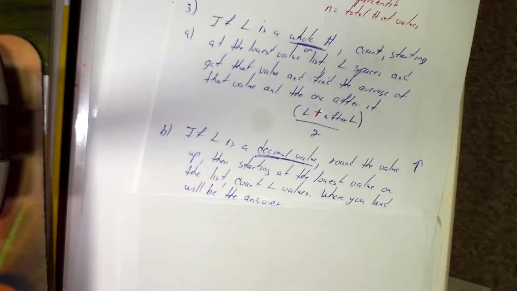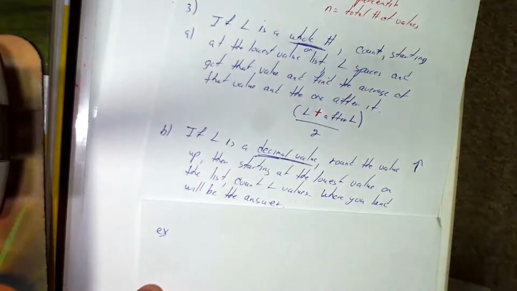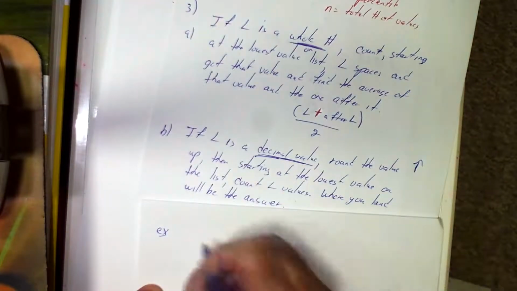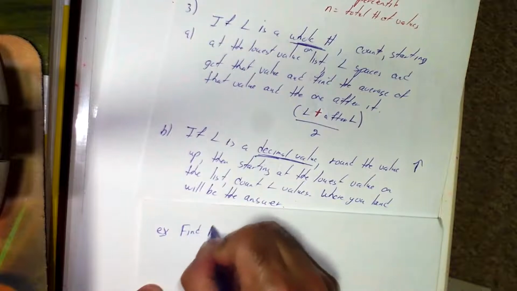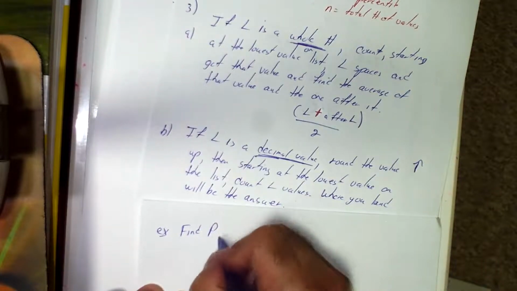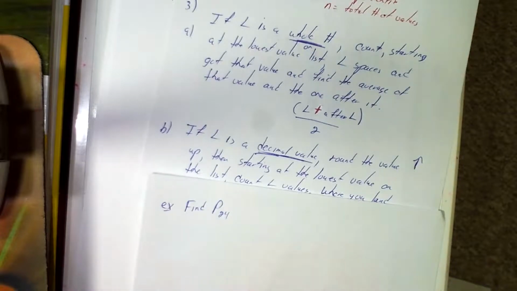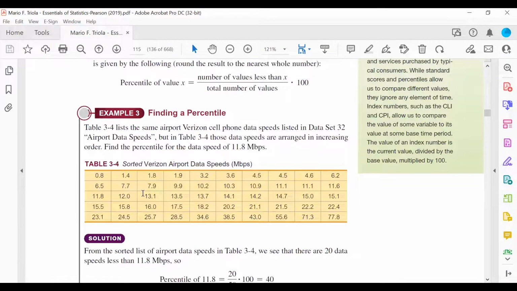So let's do as an example: find P24. All right, P24. And we're going to use the data for the Verizon, this table right there. Okay, we're going to use that table.